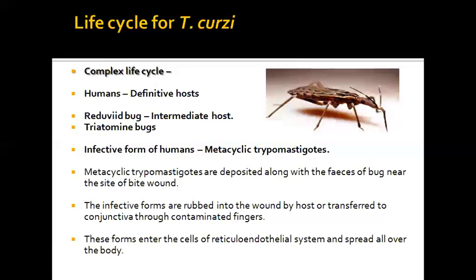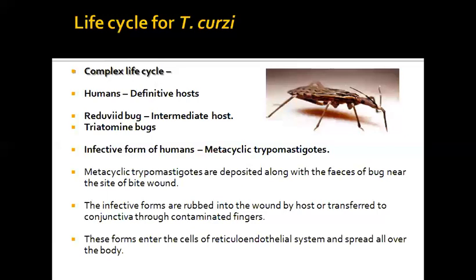These metacyclic trypomastigotes are deposited along with the feces of the bug near the site of the bite or near the wound. Unlike Trypanosoma brucei, which is transmitted by the bite of the vector, Trypanosoma cruzi is transmitted through the feces of the vector.